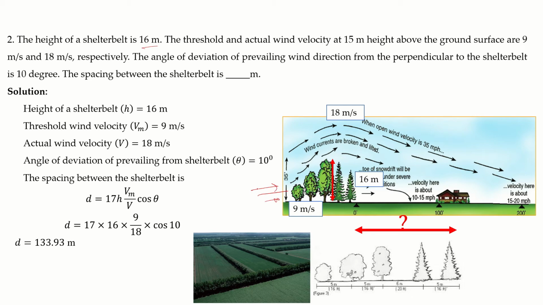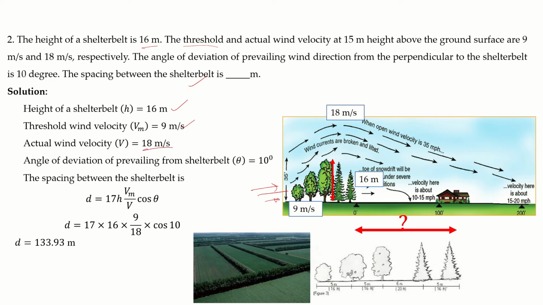So the height of the wind break is 16 meter, the threshold velocity, that is the minimum wind velocity, is 9 meter per second, and the actual wind velocity in this area is 18 meter per second. The angle is 10 degrees.